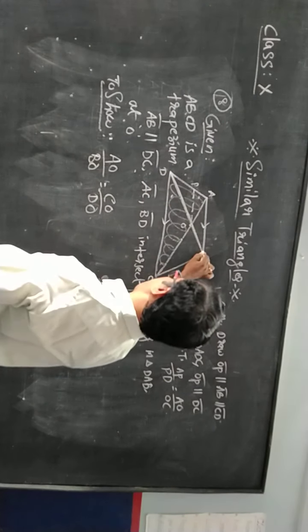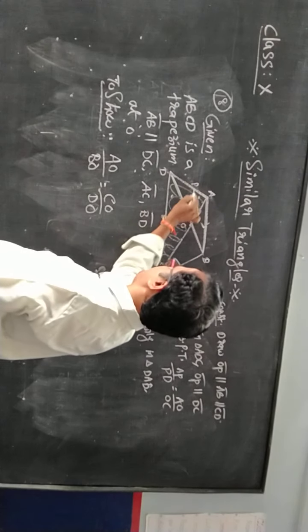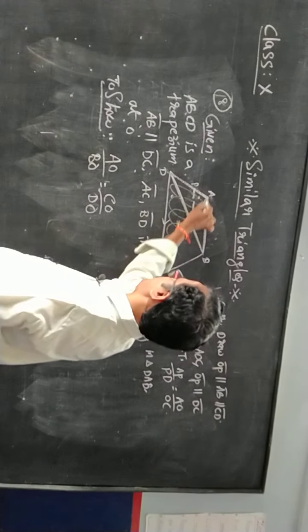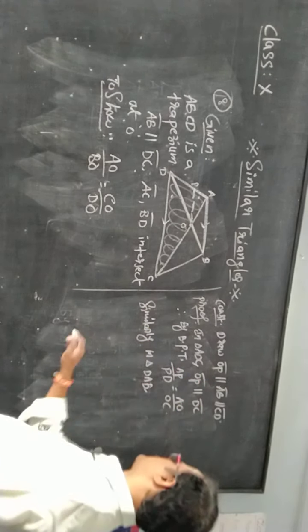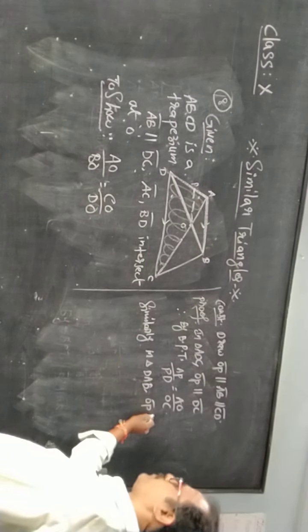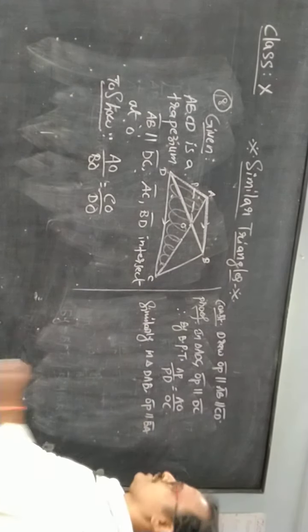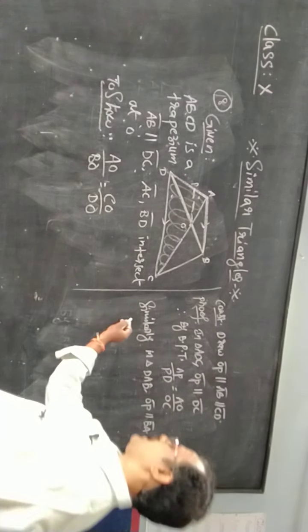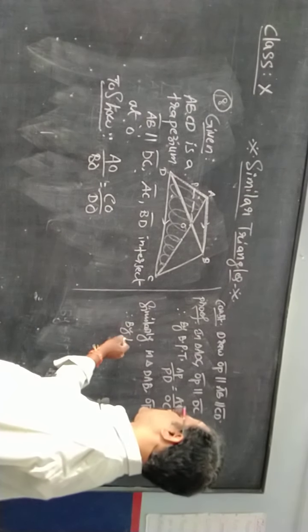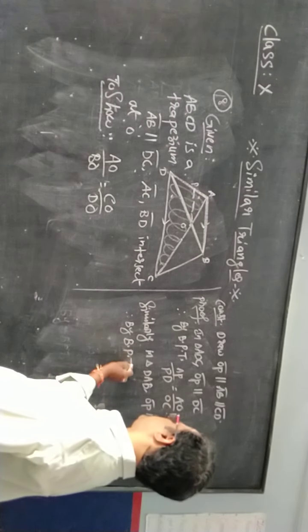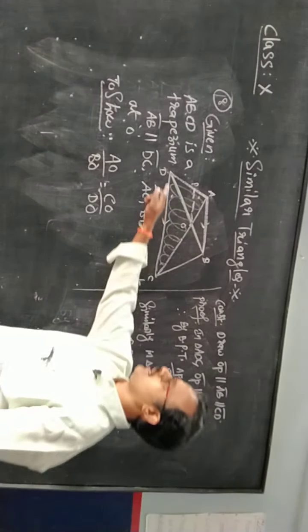So DAB, this is the triangle, and here you can see that OP is parallel to AB. That is taken in the construction. So OP line segment is parallel to BA line segment. Again, by basic proportionality theorem, what can you say here?